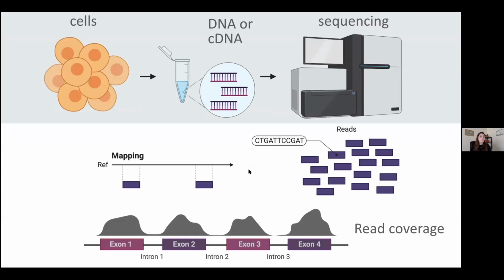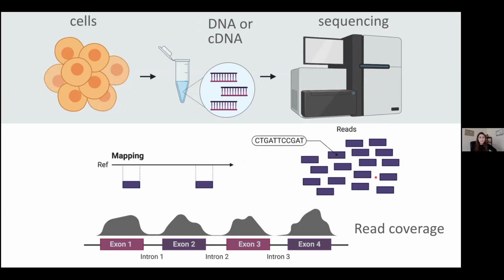All right, so let's go through a quick overview of what needs to happen. Let's say you have some cells of interest and you generate a library of fragments of cDNA or DNA from these cells, and you submit that to a sequencing machine. All of this is happening in the wet lab, and after this, what you get is a set of reads.